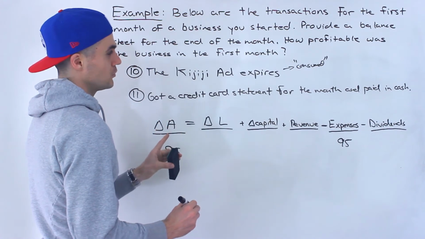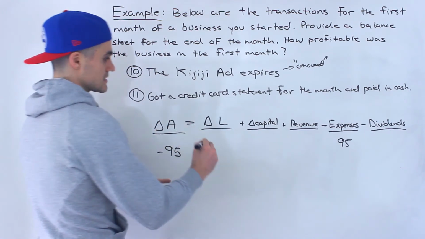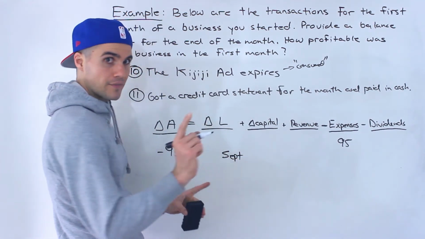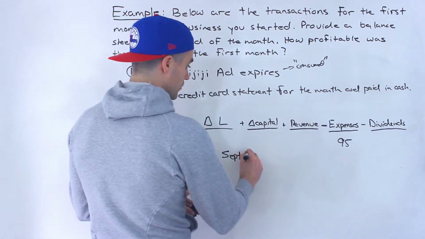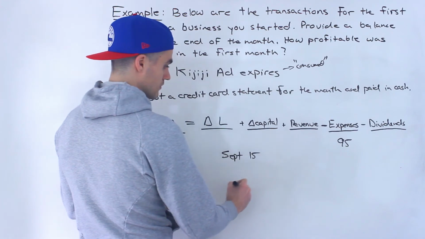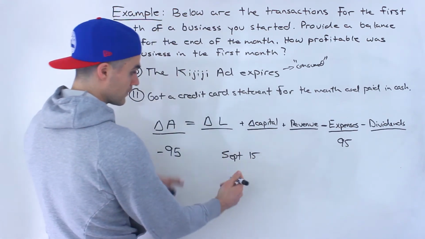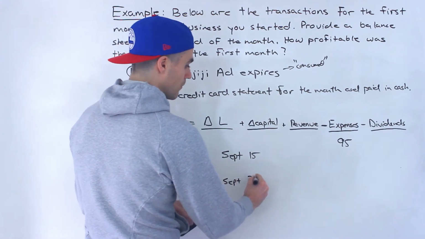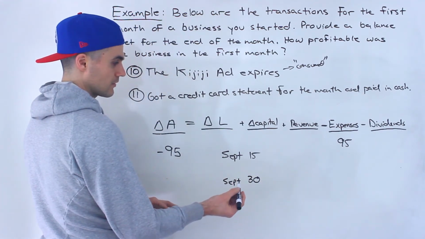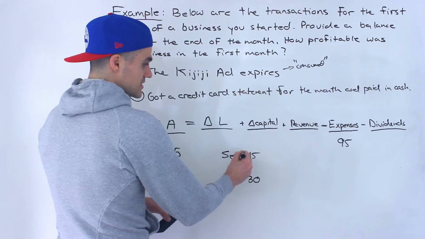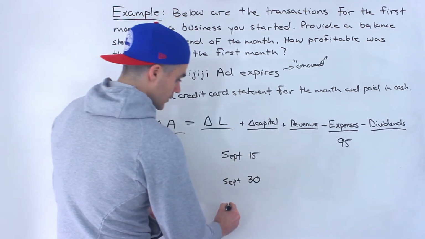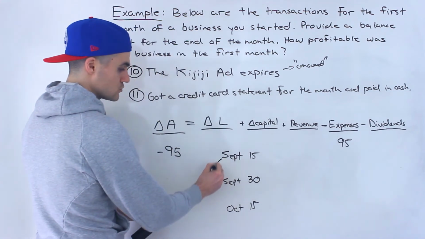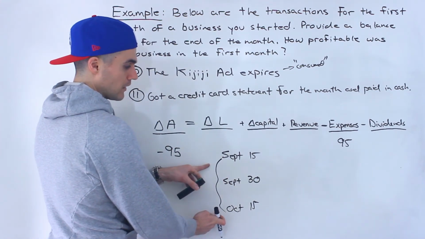For example, let's say this is September, and you bought the Kijiji ad on September 15th, and this is for the month of September, so the month would end on September 30th. Because the ad is a month long, it's going to expire October 15th. So it has a useful life of 1 month.